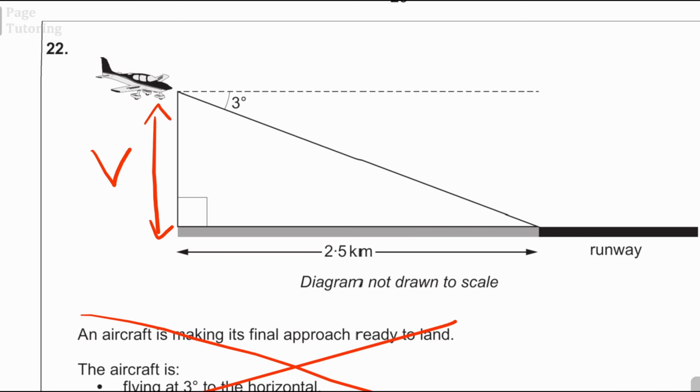Now the trick for this one is you've got one distance here and you've got an angle here, but you don't know the angle inside the triangle. So this is trying to lead you into using trigonometry, or more specifically SOHCAHTOA. So I'm putting in these lines here. The first one would be sine of the angle equals opposite over hypotenuse.